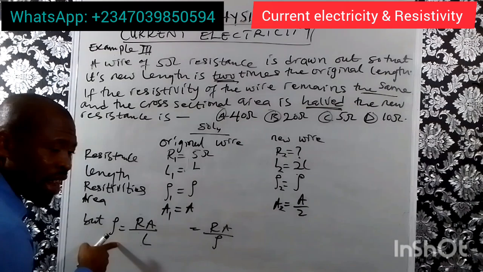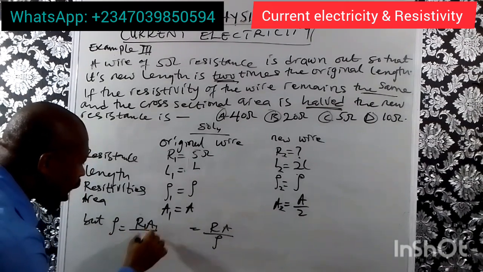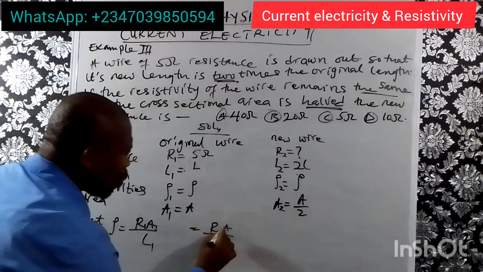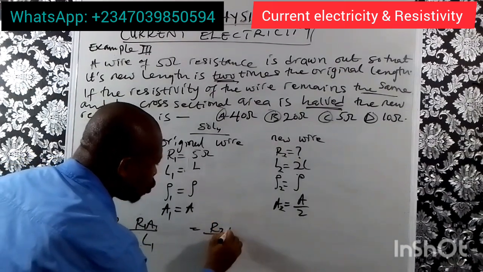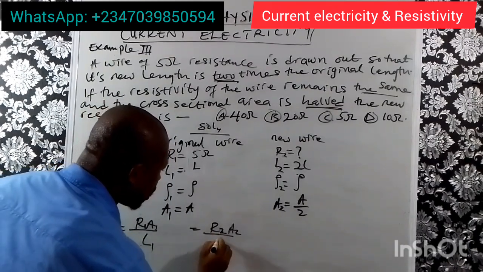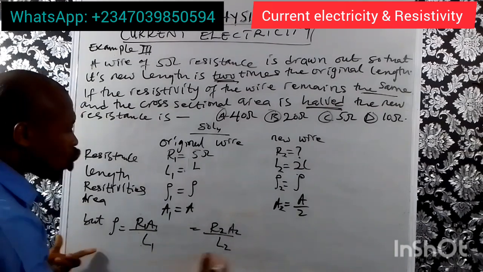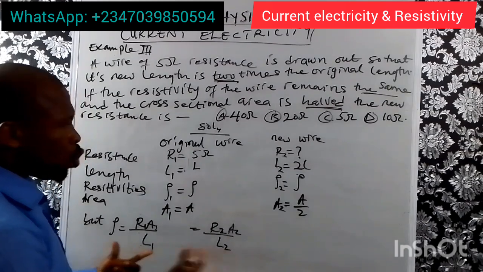For the first one, we can have R1, A1, all over L1. We can have R2, A2, all over L2. At this point, we equate the two.